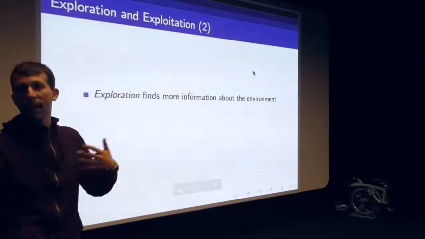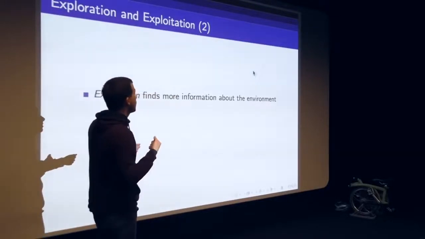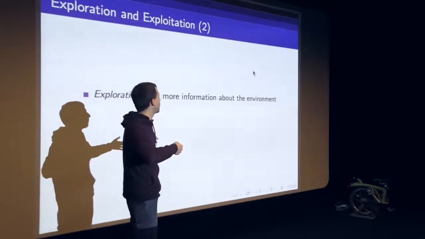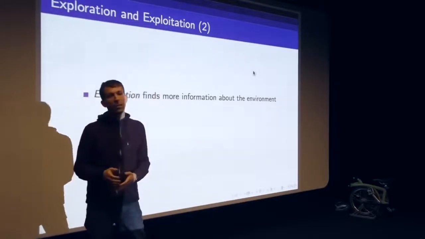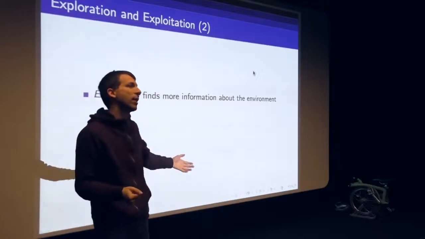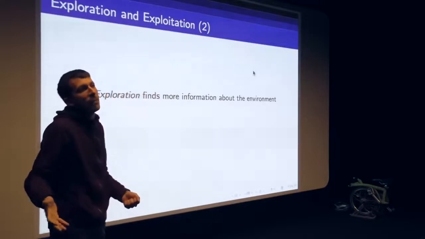So it has to balance exploration and exploitation. In other words, exploration means choosing to give up some reward that you know about in order to find out more about the environment. Maybe, given everything you've seen so far, you think that by going left you'll get the most reward, but you haven't really explored right very much.